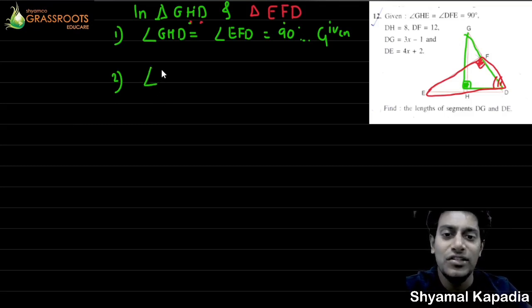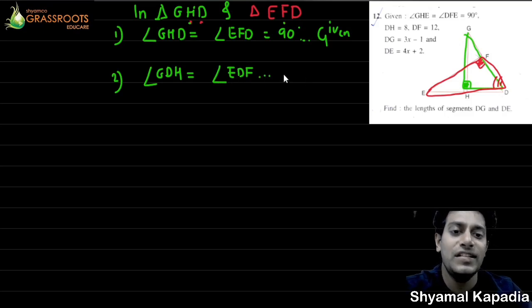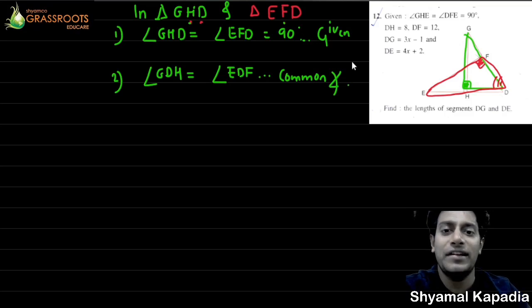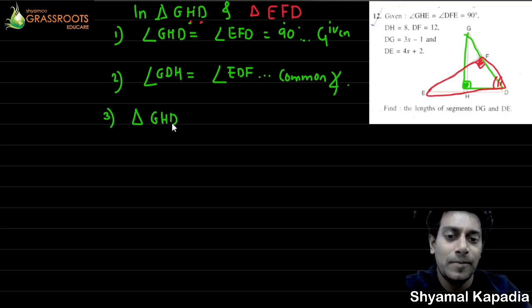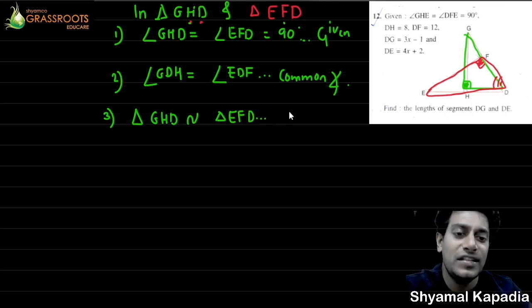So angle GDH, isn't it equal to angle EDF? The reason is common angle. And therefore, by angle test, triangle GHD is similar to triangle EFD. The reason is angle test of similarity.